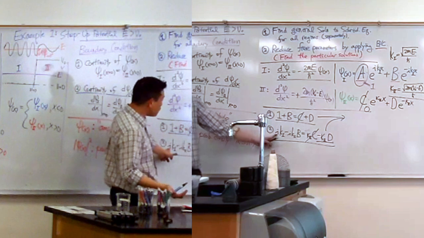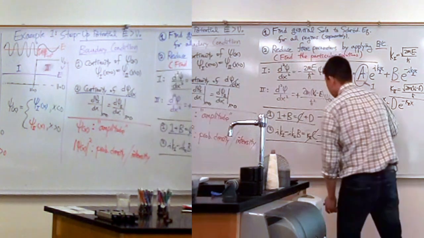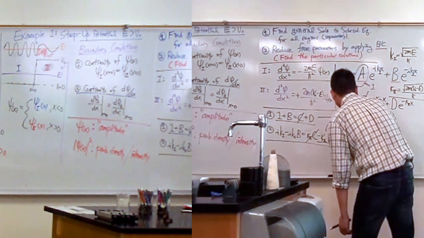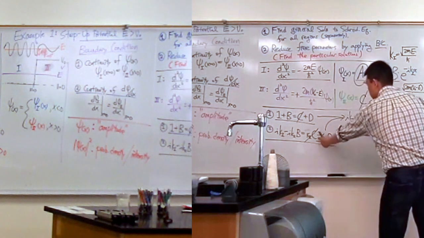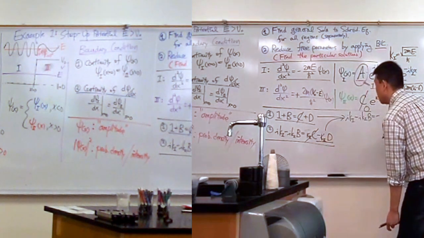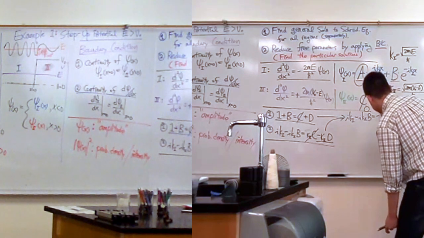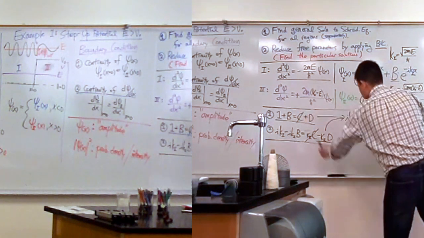I don't have i everywhere, so I cannot cancel it out. So it'll be ik1 minus ik1b is equal to minus kappa 2 times 1 plus b. See, I'm confusing myself.